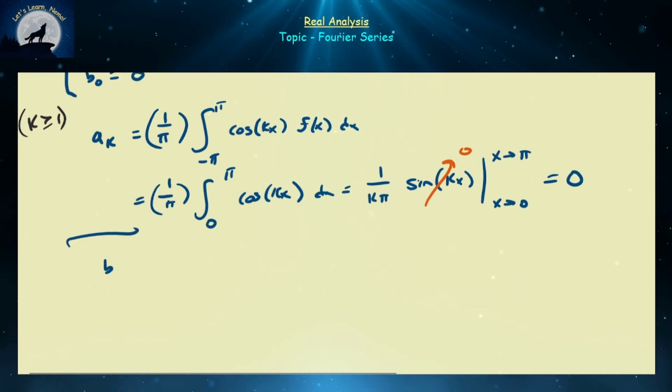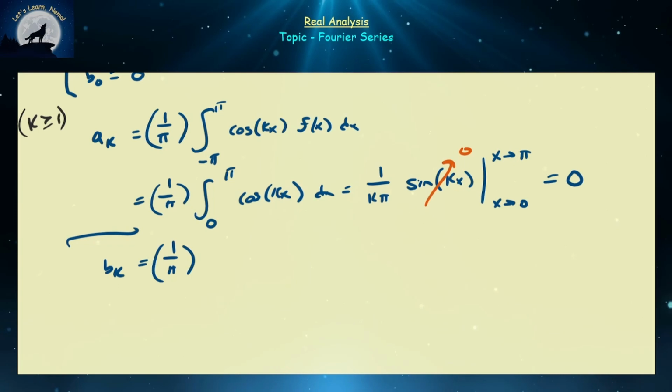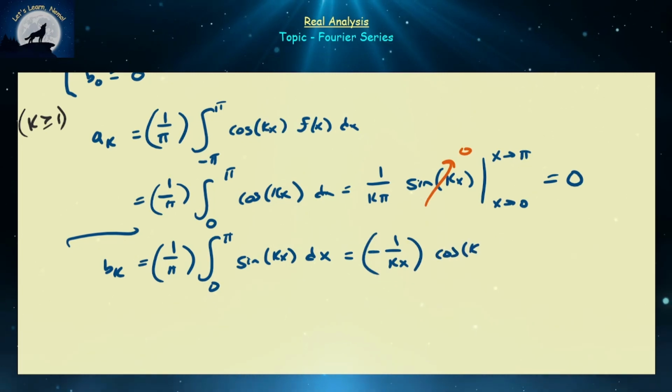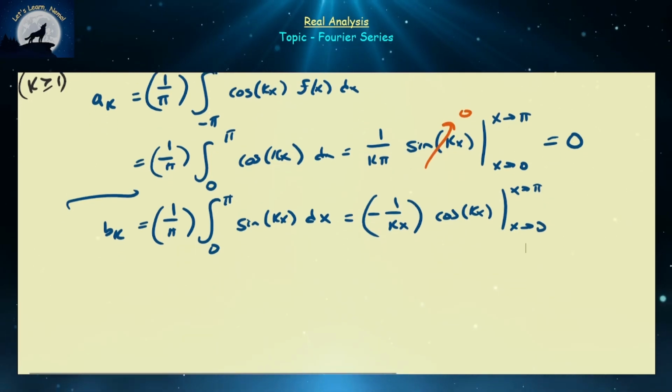Now let's turn our attention to bk. So bk, again, is going to be equal to 1 divided by pi times the integral from 0 to pi of sine of kx times 1 dx, which will just be equal to minus 1 over k times the cosine of kx. And then we need to evaluate this at pi, and then evaluate this at 0, and then subtract.